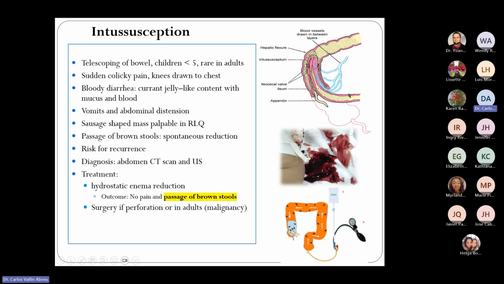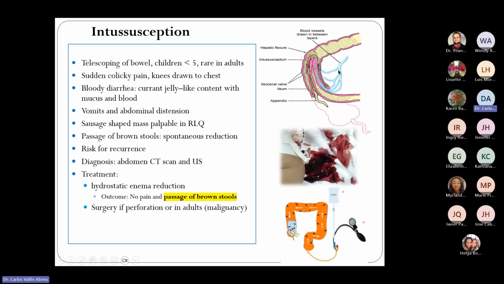This occurs in an instant. In that instant, the child will start with a very intense colic pain. The child is going to cry, scream, and adopt a fetal position, flexing the knees against the abdomen. That is an antalgic position that alleviates the pain.